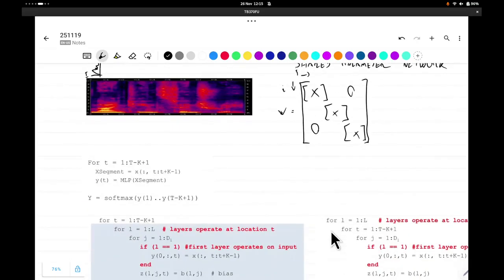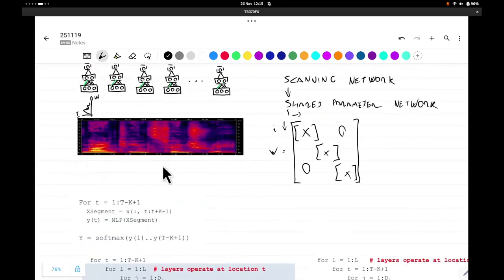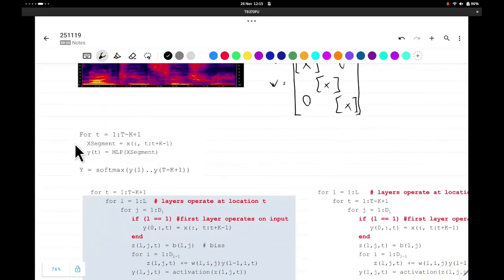Okay, and then the next realization is that if we write down in pseudocode this kind of shared parameter scanning network, we would have a loop over times. So we are scanning the signal, right? We have a loop over the time, and then for each time you have a window.